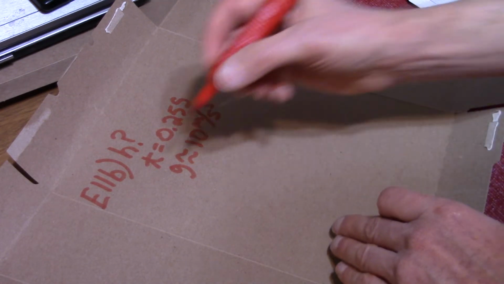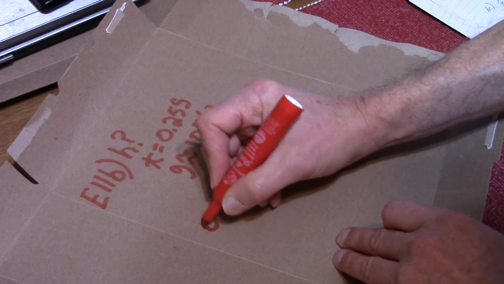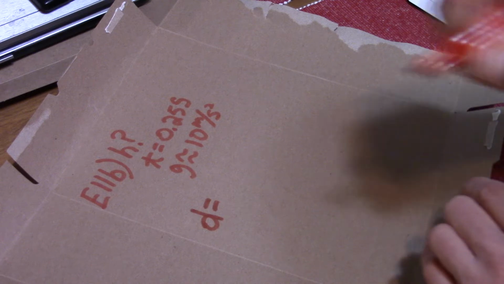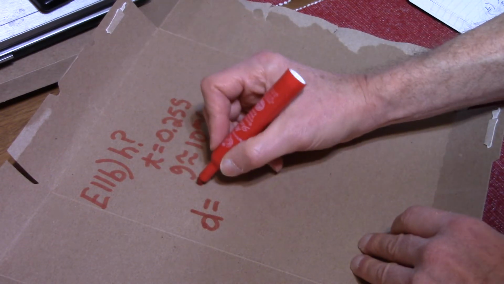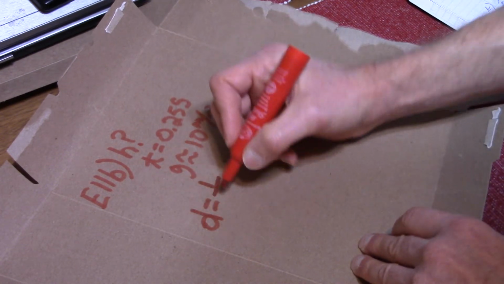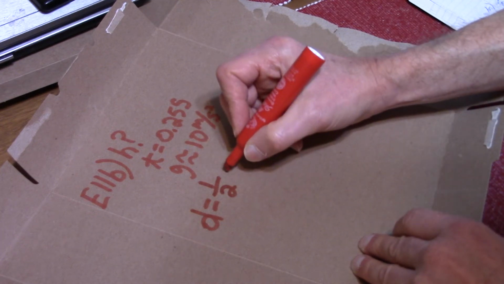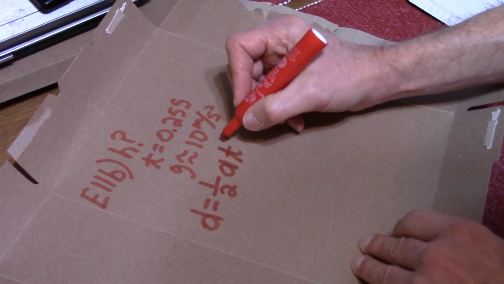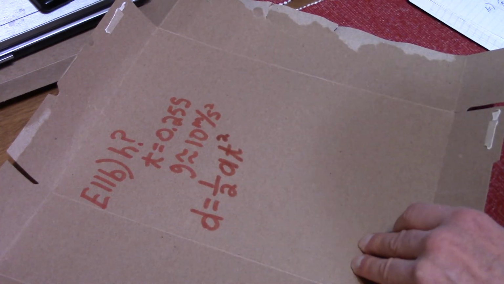So we have g. The distance, we know from the previous chapter, we have the formula one half acceleration times time squared. The acceleration of gravity, that's g.